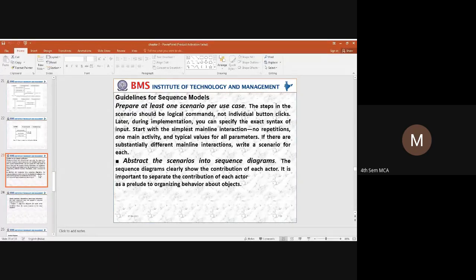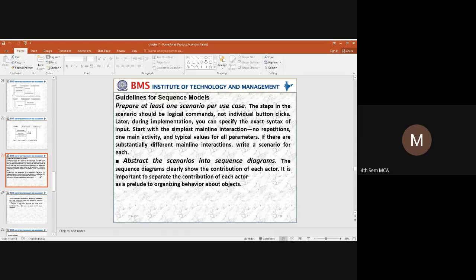All these scenarios will be taken as logical commands, but not as individual buttons or individual interfaces. Here we are trying to identify the entire scenario, where the activity is going to happen, and how the interaction is going to happen with respect to the various parameters.